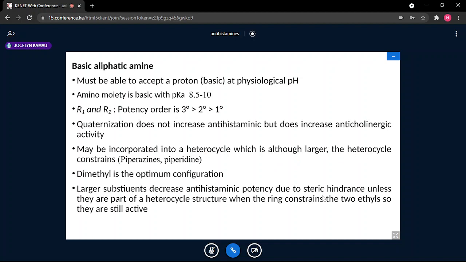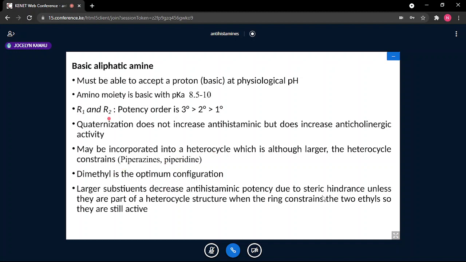The amine may be incorporated, as we have said severally, into a heterocyclic ring, which, although larger, has constraint. When you incorporate this alkyl chain into a heterocyclic ring, the ring is a bit constrained, and because of that constraint, the compound is still able to attain the 5 to 6 angstroms which you require for activity.